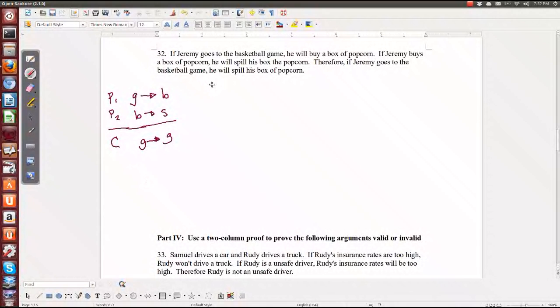Remember that an argument is an assertion that the conjunction of two or more statements, called premises, implies another statement called the conclusion. That's supposed to be an S, not a G.